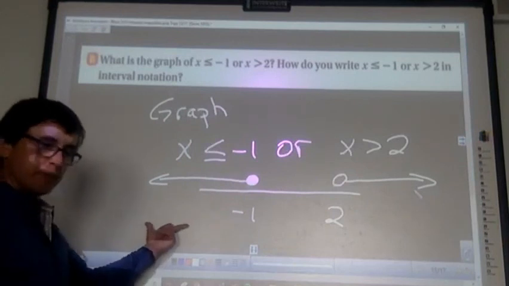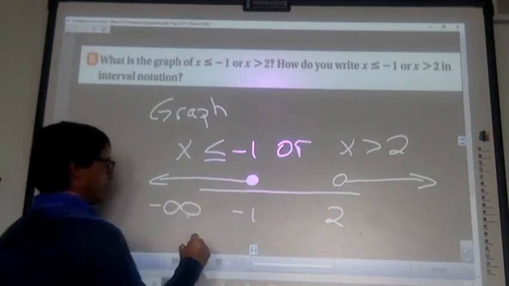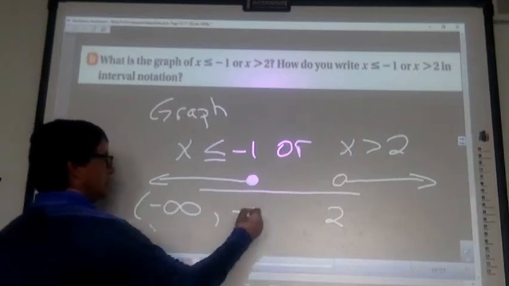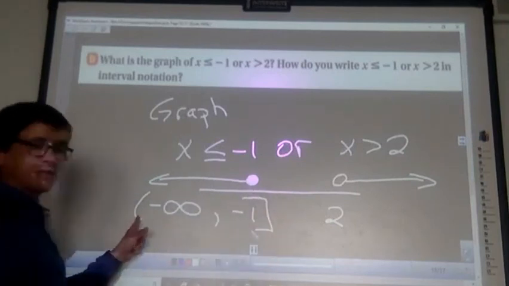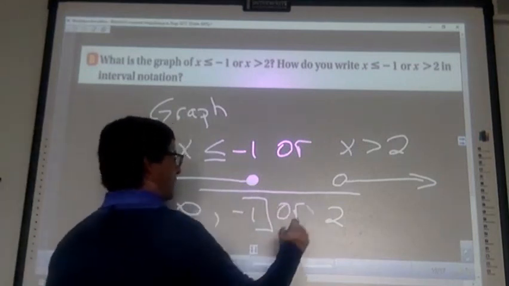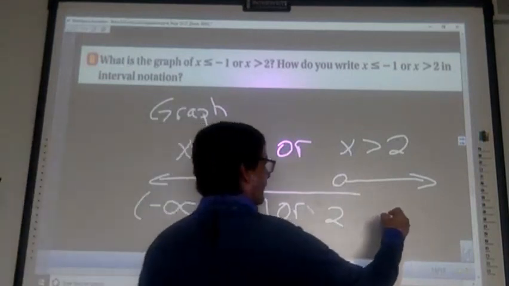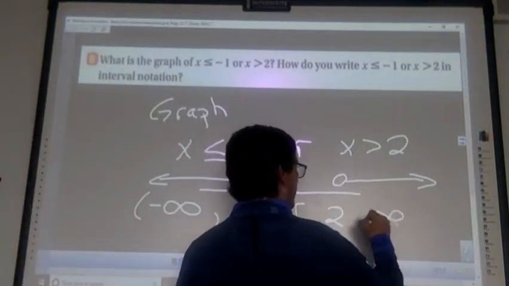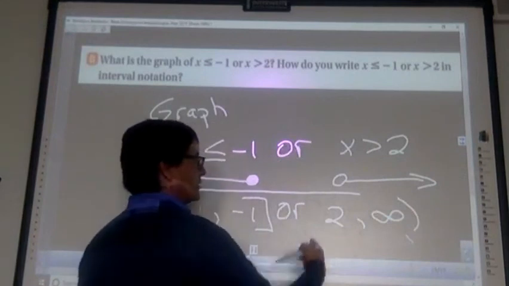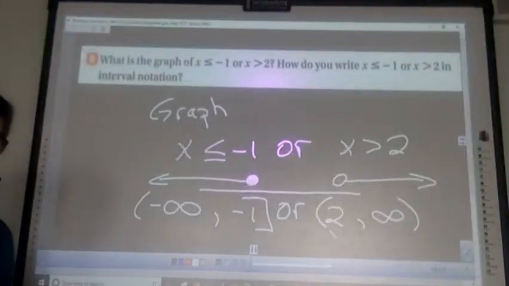And then to develop the interval notation over here, negative infinity, parenthesis on the left, bracket on the right. Remember, you have to write the or. And then on this side, we have positive infinity, parenthesis, open dot on the 2, parenthesis at the 2.